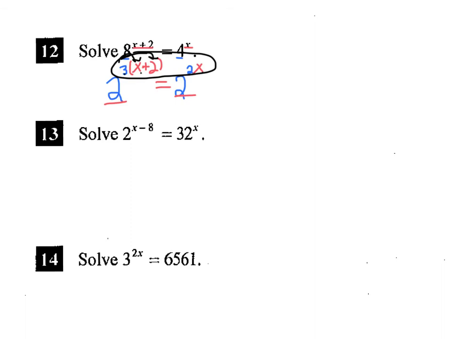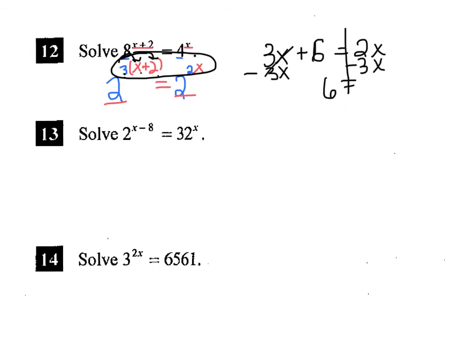So it's 3 times x, 3x, plus 3 times 2, so plus 6, equals 2x. So let's just get the x's on the same side. I'm going to minus 3x from that side. And 6 equals negative 1x. And when I divide both sides by negative 1, I get x equals negative 6.